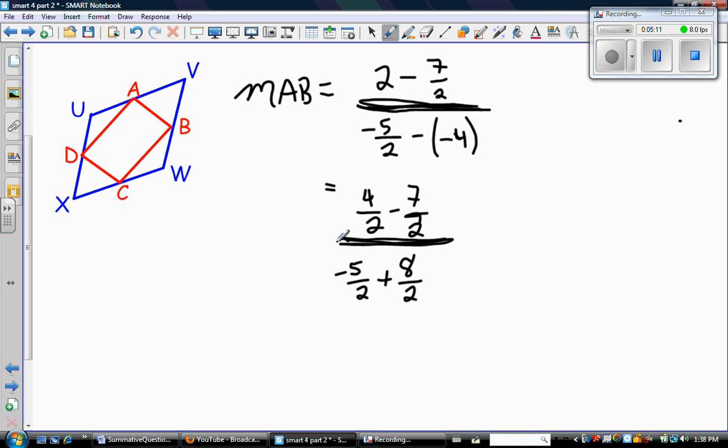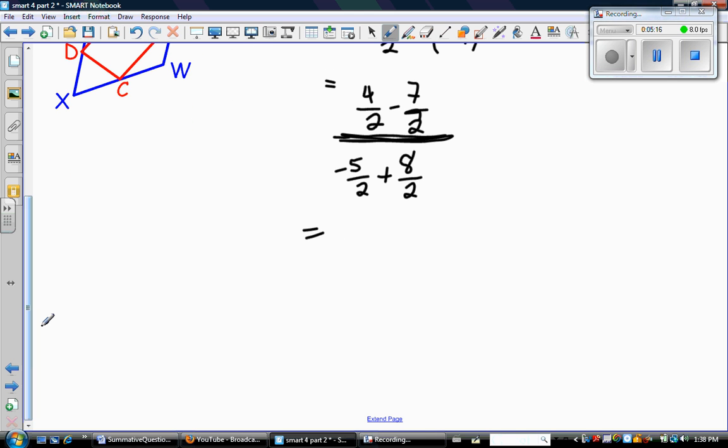Okay. So you can see that I'm just kind of treating each side of this fraction as its own little piece of math. Let's look again at just the numerator for a moment. I have denominator 2. 4 take away 7 is negative 3. There's my numerator. Nice big line for the major fraction. In the denominator, over 2, negative 5 plus 8 is just 3.